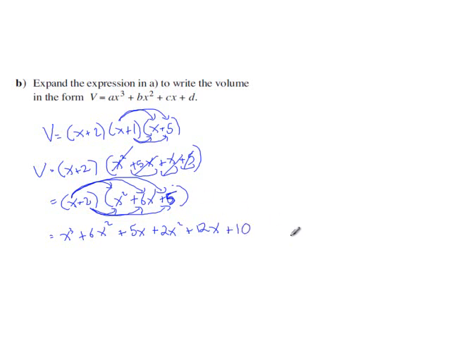Okay, now we've gotten rid of all the brackets, so it's time to combine like terms. When you do that, you have one x cubed term. x squared terms. I see a 6x squared here and a 2x squared here. So 6x squared plus 2x squared is 8x squared.